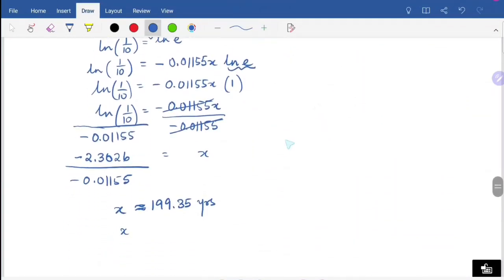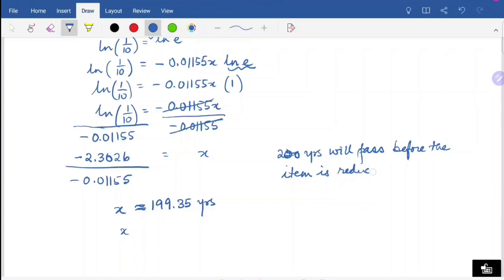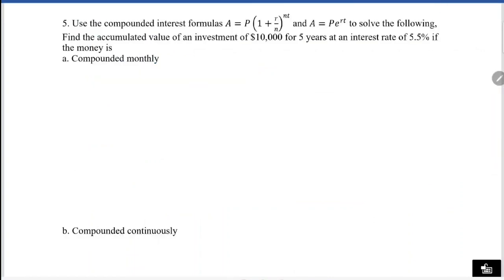All right, so 200 years will pass before the item is reduced to 40 pounds.